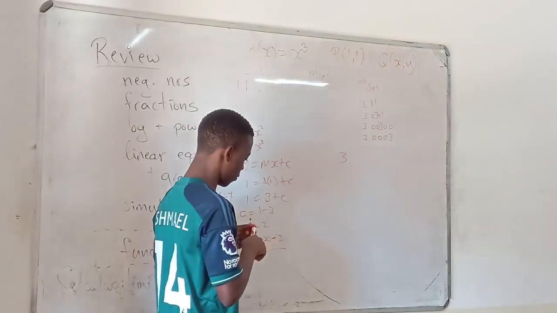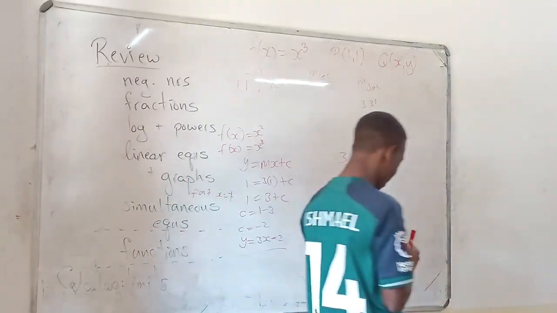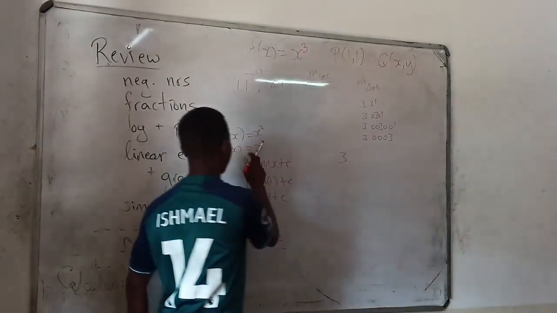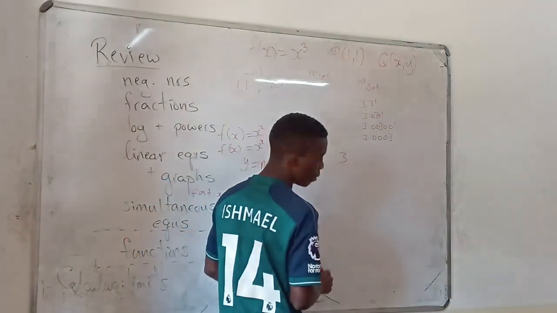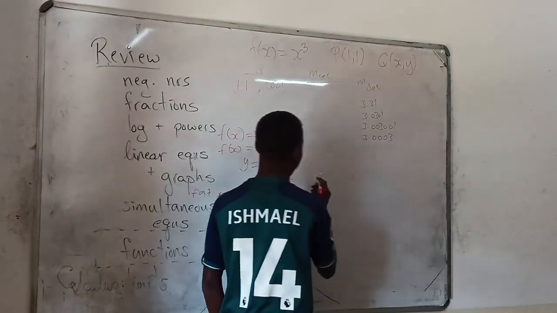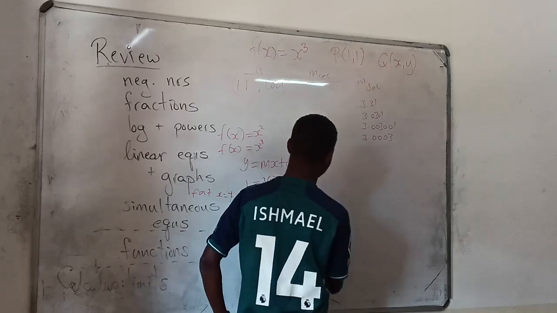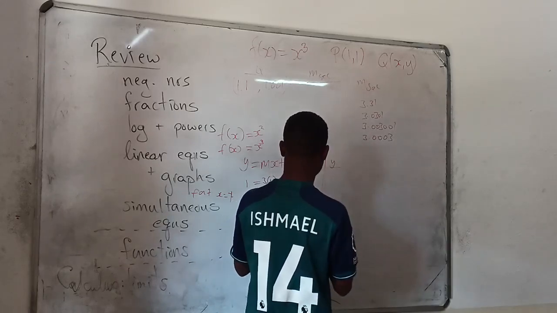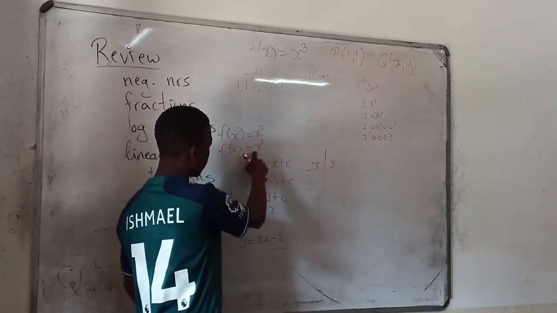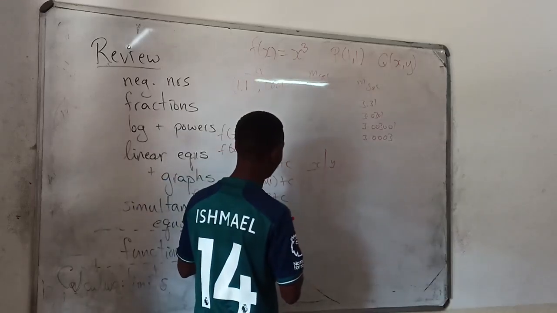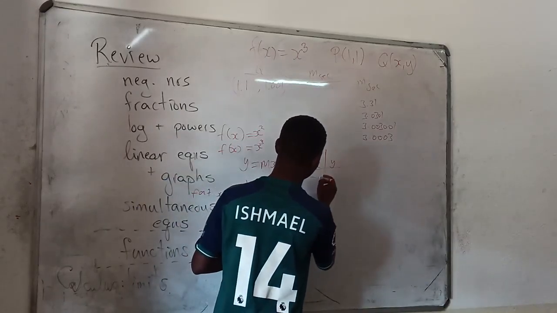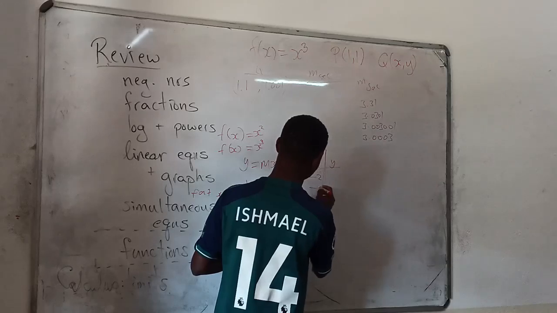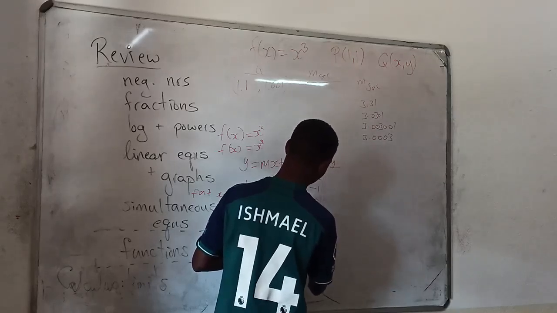So for better understanding, for this one, let's have a simple table of values for x and y. Let's have negative 2, negative 1, 0, 1, 2.